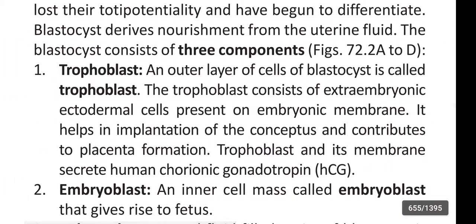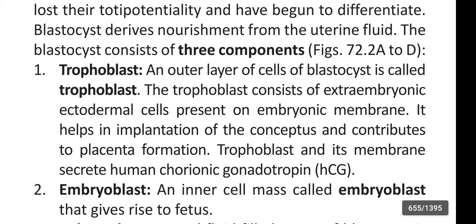Trophoblast. An outer layer of cells of the blastocyst is called trophoblast. The trophoblast consists of extraembryonic ectodermal cells present on the embryonic membrane.